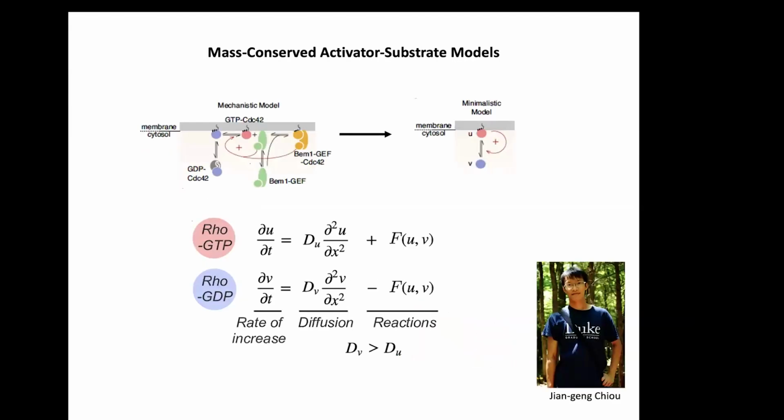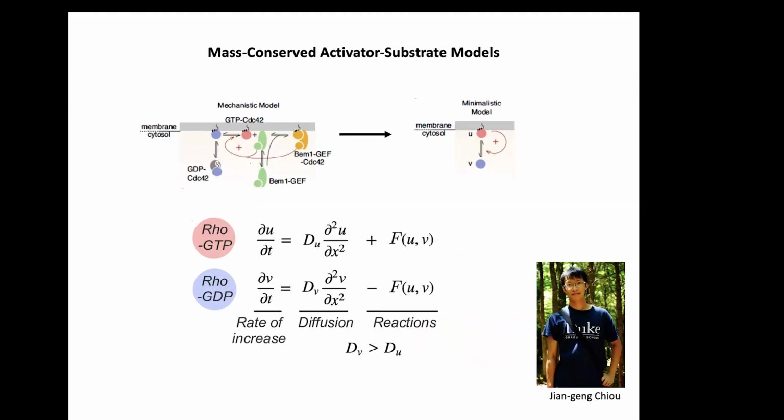And this is the family of mass-conserved activator-substrate models. So if this is the mechanistic model that I was telling you about with real proteins, many people have tried to simplify this to a minimalist model that has the key ingredients.